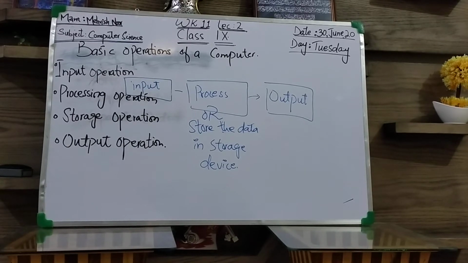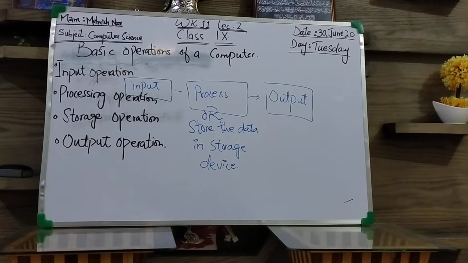So girls, what is input operation? One by one I will write on the board how to define each operation in very simple words. Then one by one I will describe it. Clear? What is input operation? A computer is a data processing machine. Users enter data and instructions into the computer through keyboard, mouse.